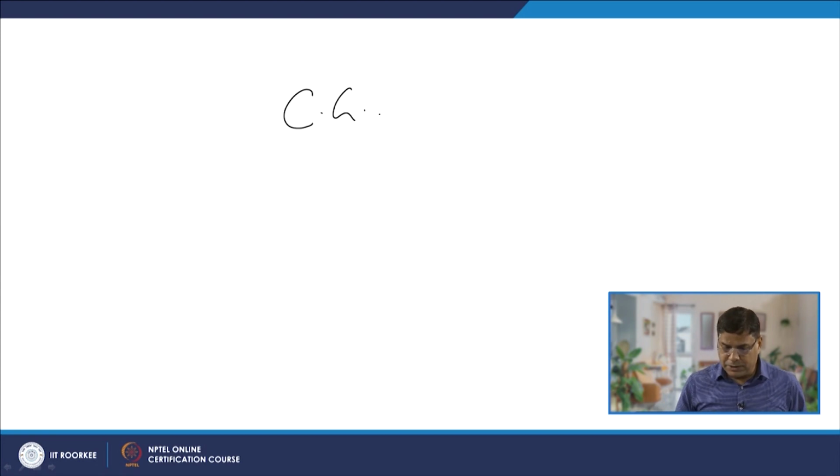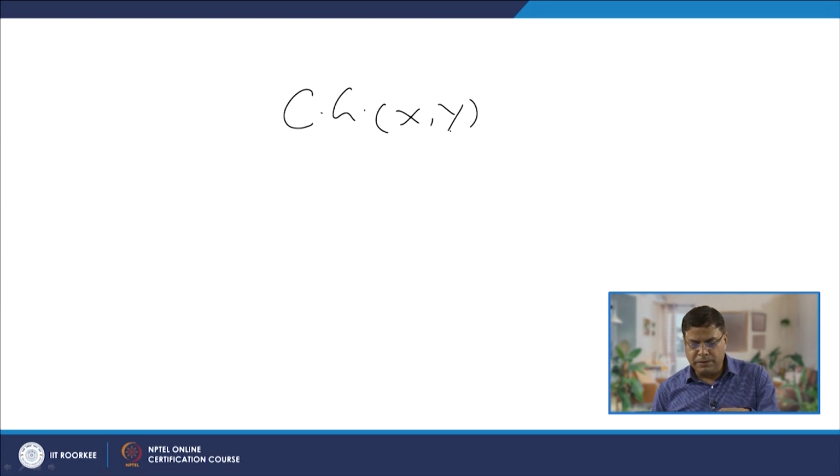So, all those things are considered. Let us say the center of gravity obviously will be coming in terms of the value of the x coordinate and the value of the y coordinate.